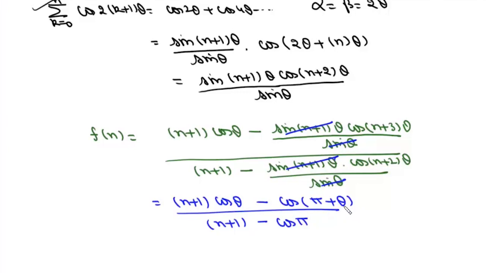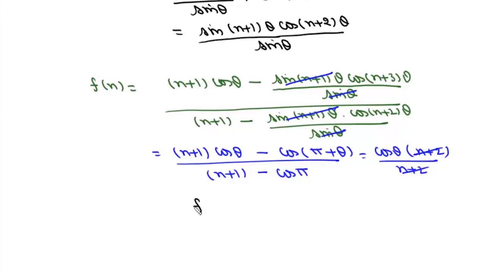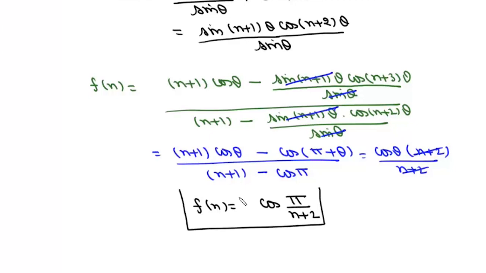Now cos pi plus theta is minus cos theta, so here will be minus minus plus, so we can write this as cos theta into n plus 2 upon n plus 2, and that will also cancel. So basically this function fn will be cos pi upon n plus 2.